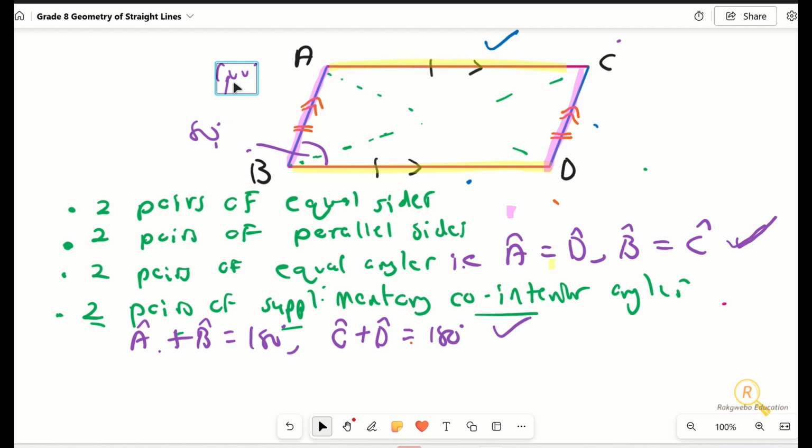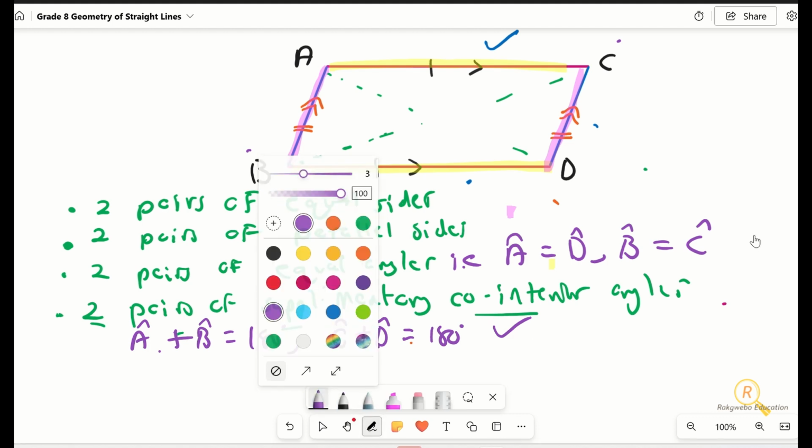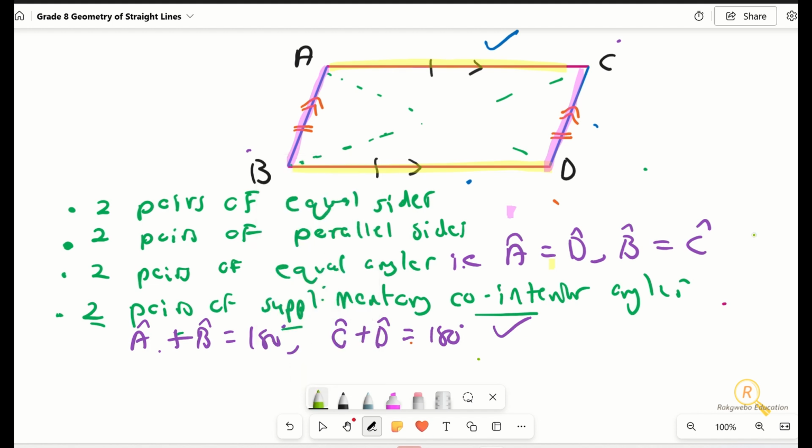Let me remove all of this before I show you the last thing. Now, the last thing here I'm going to show you is what we call diagonals. So this line that cuts across there from A to D. I want to make it straight.